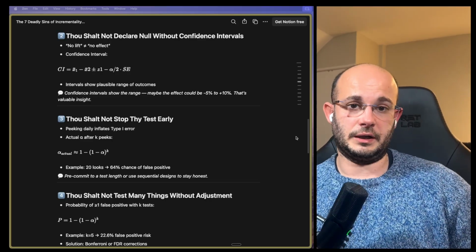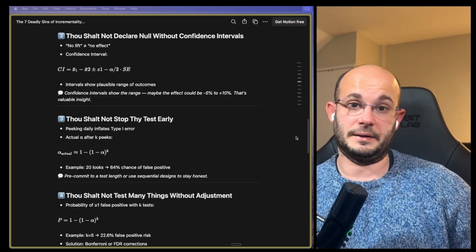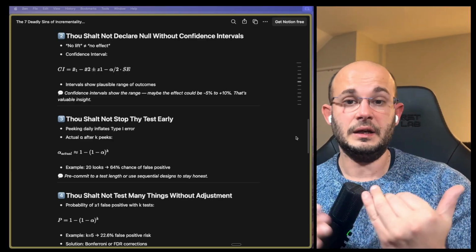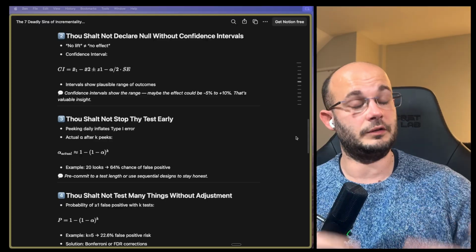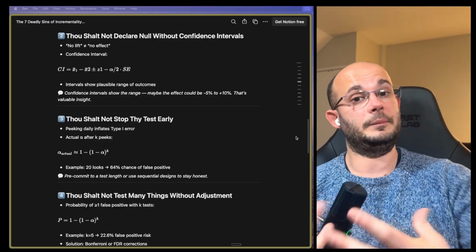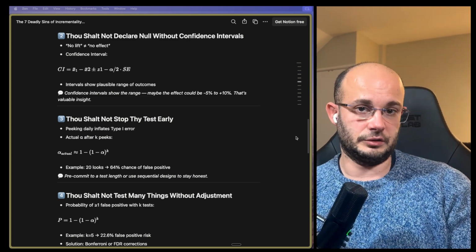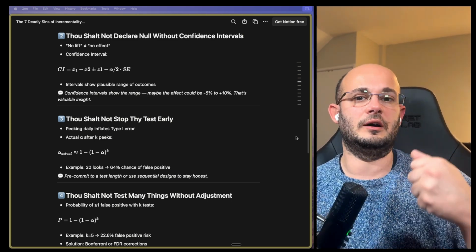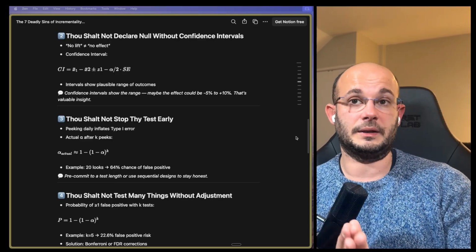If, on the other hand, your confidence interval is between -5 and +10, that is another piece of information that tells your stakeholder you are uncertain about the effect. There might be an effect or there might not be an effect. Hiding the confidence interval will give a false sense of security, which in most cases should not be given.